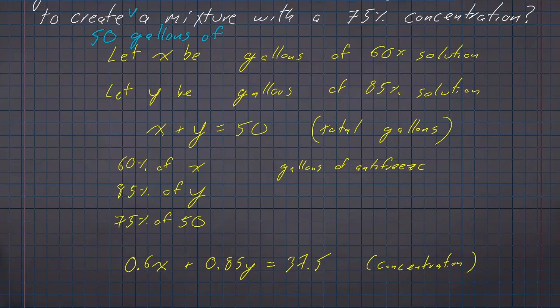And with that, I have two equations with two unknowns. I can solve this system of equations to get my final solution. And I can use either the substitution method or the elimination method. Either one is perfectly valid.